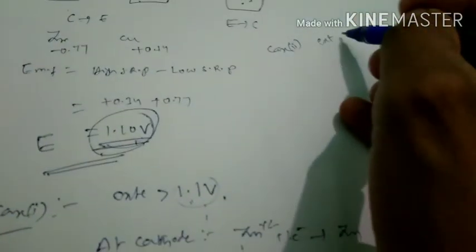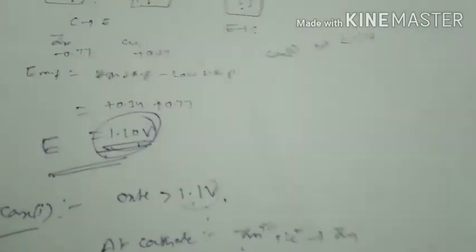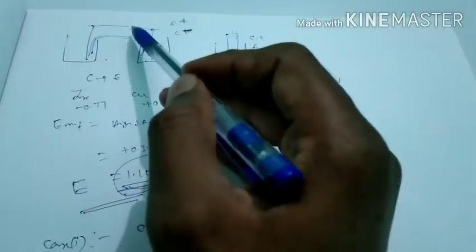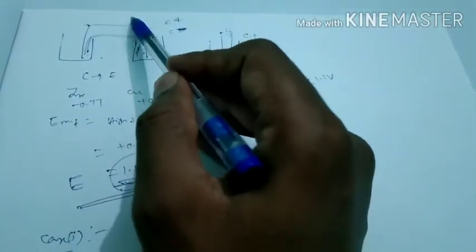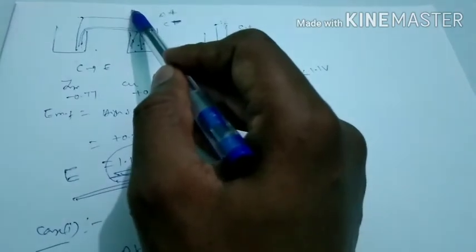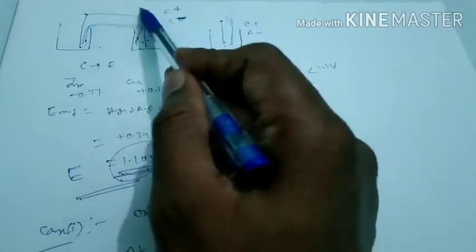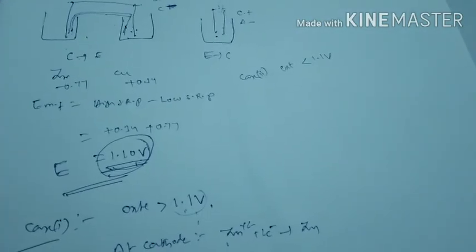Suppose case 2: if the external source is less than 1.1 volts, that means if anything is connected here and its potential is less than this one, then what happens? This produces electricity for that one. That means discharging takes place, because this galvanic cell produces electricity for that one.